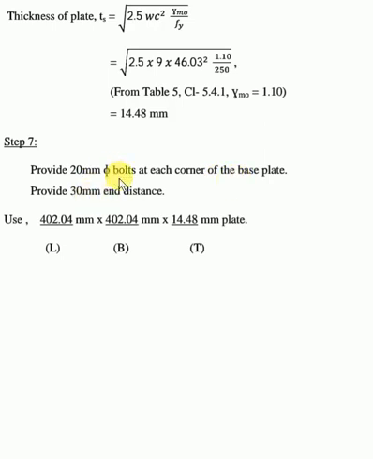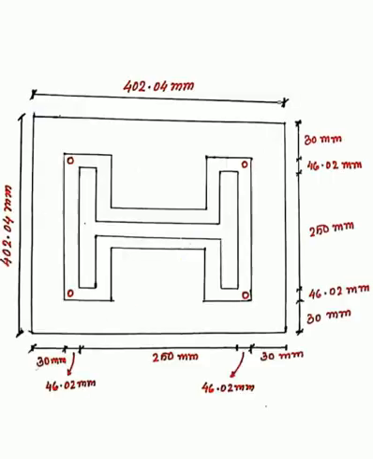This I have already shown you in the figure. Now with these numerical values, I'll show you the diagram. Then we'll get the length as 402.04 mm, breadth as 402.04 mm and thickness as 14.48 mm of the slab base. So say this is the column, the height is 250, then C is 46.02 on both sides and 30 mm end distance. Adding all these, we'll get the length of the slab base as 402.04 mm.